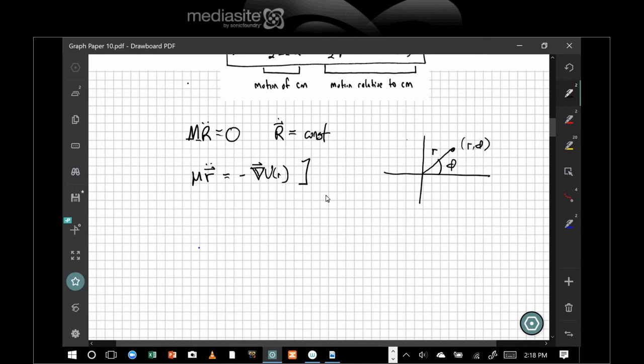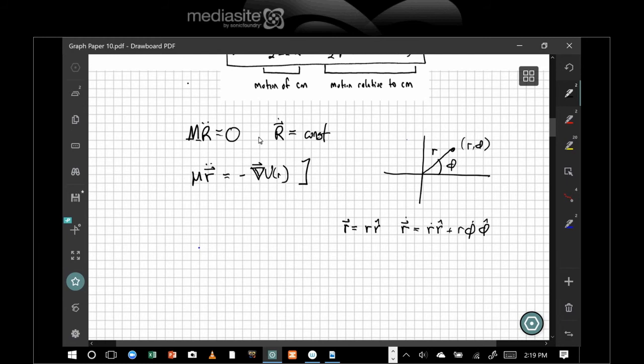Now, again, I'm using the book terminology for this. I'm going to express things in a two-dimensional polar coordinate system where instead of using rho, I'm going to call this distance r, and then this angle I'm going to call phi. So every point in my polar system is going to be r and phi. I'm not using rho, I'm just following what your book does. I rarely use rho, but for some reason your book uses r.